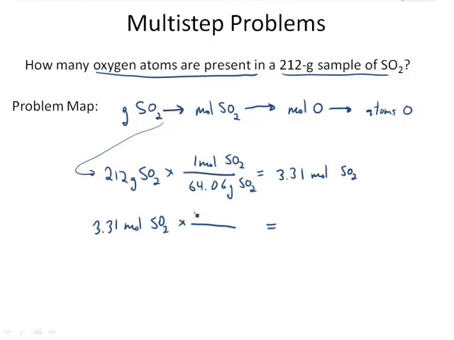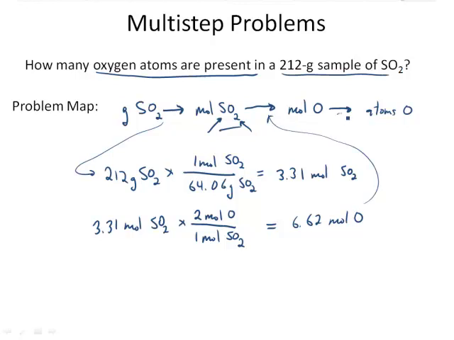And we know that there are 2 moles of oxygen for every 1 mole of SO2. And how do we know that? Because of the formula. The formula says there are 2 oxygen atoms for each sulfur atom. So therefore each mole of SO2 will have 2 moles of oxygen. So that's then 6.62 moles of oxygen. That was the second step.